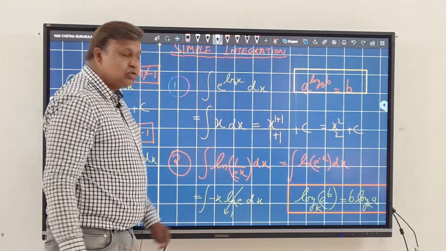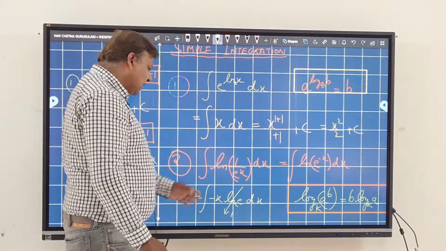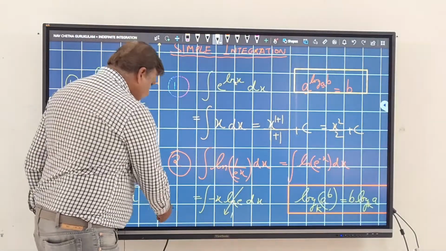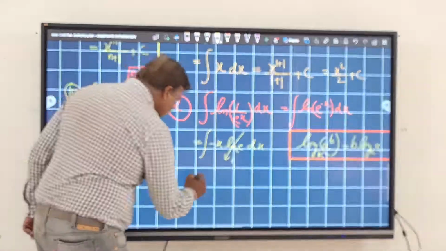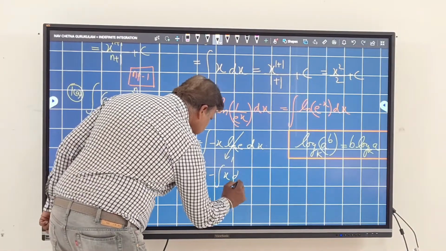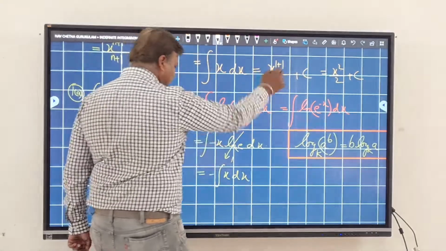So minus x is what you have to integrate. Minus is of no consequence. You just put it outside the integral sign. So you get minus integral x dx, and that becomes the same question we did earlier.